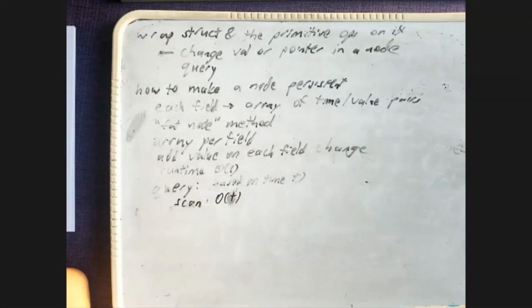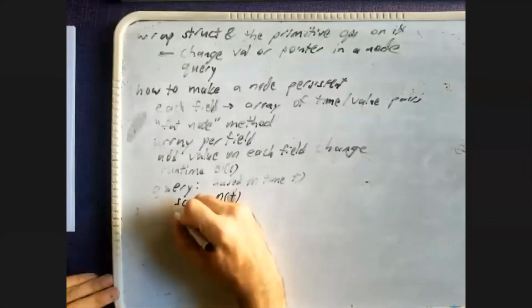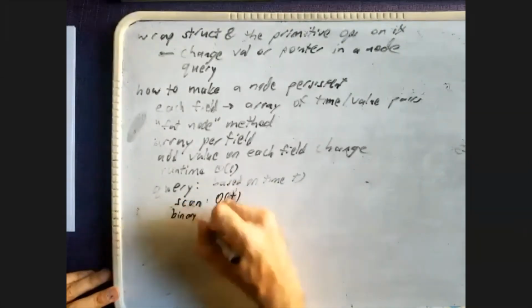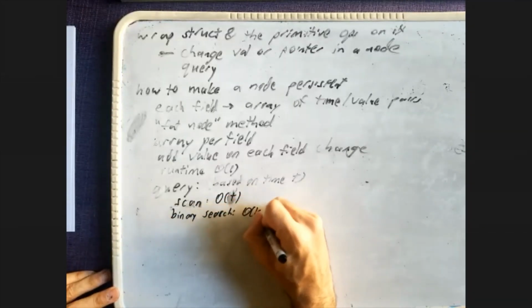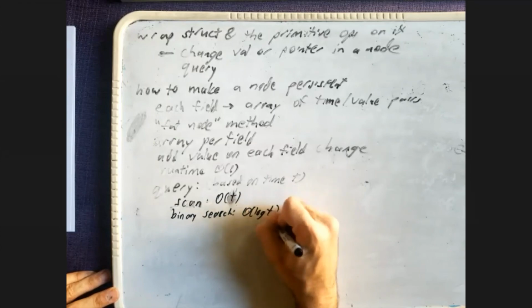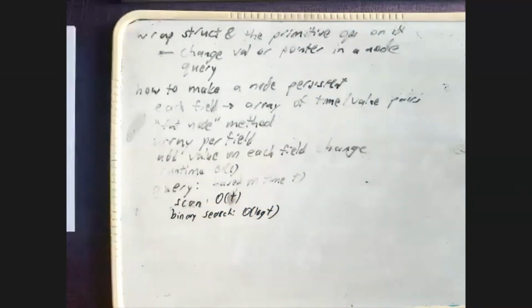Can I do better than that? Binary search? Yeah, I can just do binary search. Log t time, if there have been t modifications to the data structure. Okay, so not great, not terrible.